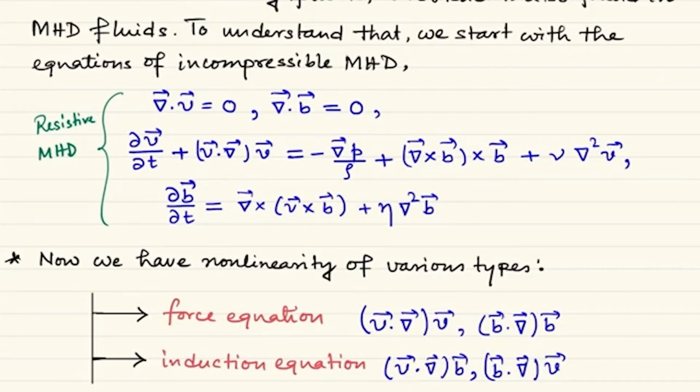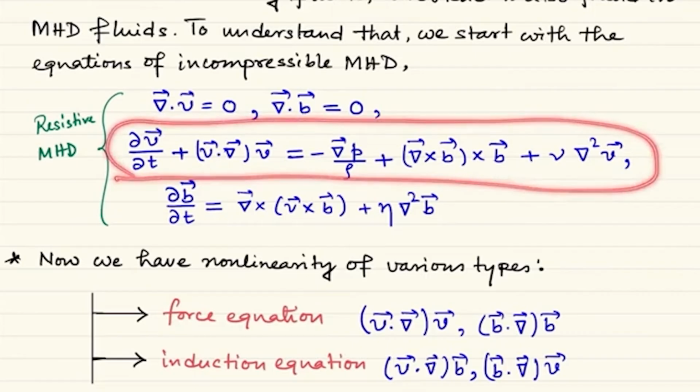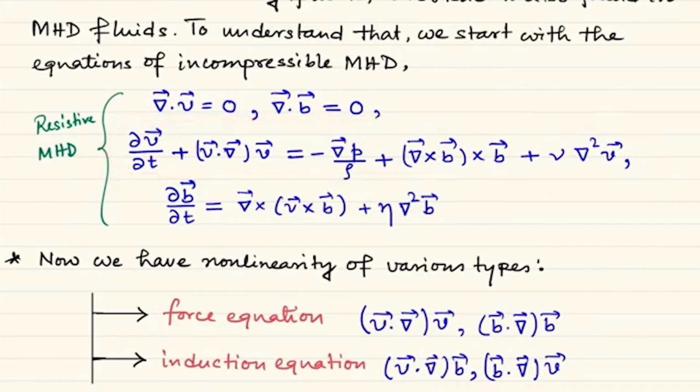Here the nonlinearity can be of various types. In the force equation, or the momentum evolution equation, you have nonlinear terms like V·∇V, and from here, if you remember, there will be a term of magnetic tension which should look like B·∇B, and this is also nonlinear. So this one is nonlinear in V, and this one is nonlinear in B.